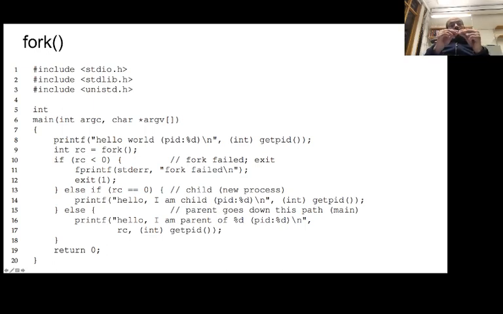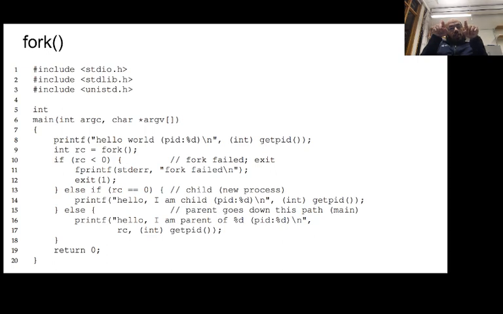It's as if by using fork, you're setting two different RCs here: an RC value for the parent and an RC value for the child. If you think of it, you're going sequentially top to bottom, and then you find the fork call. Since you have the fork call, you clone from here. You basically split into two, a parent and a child.